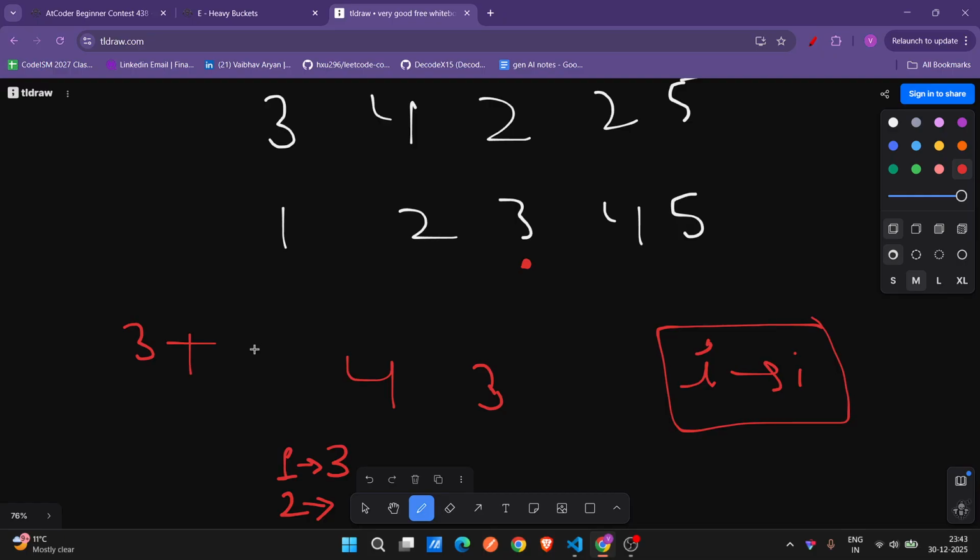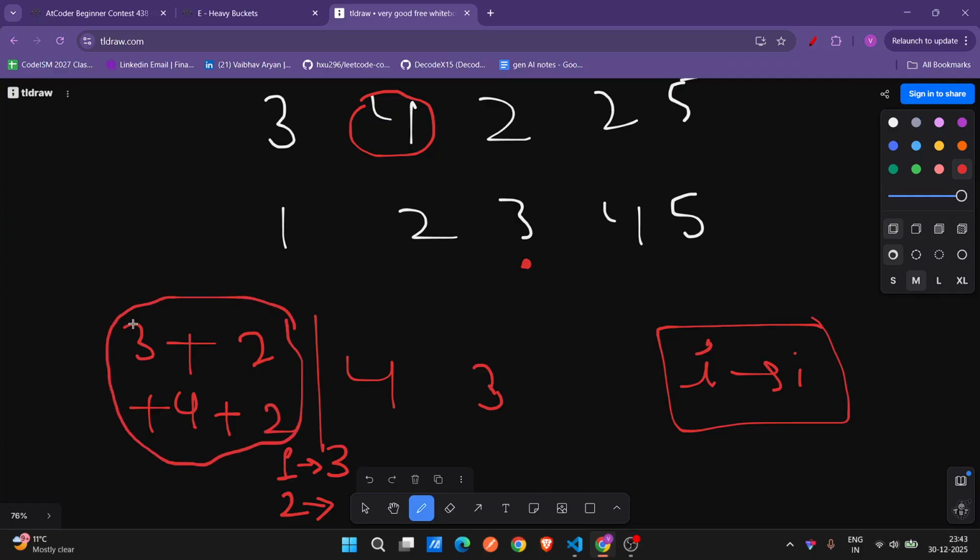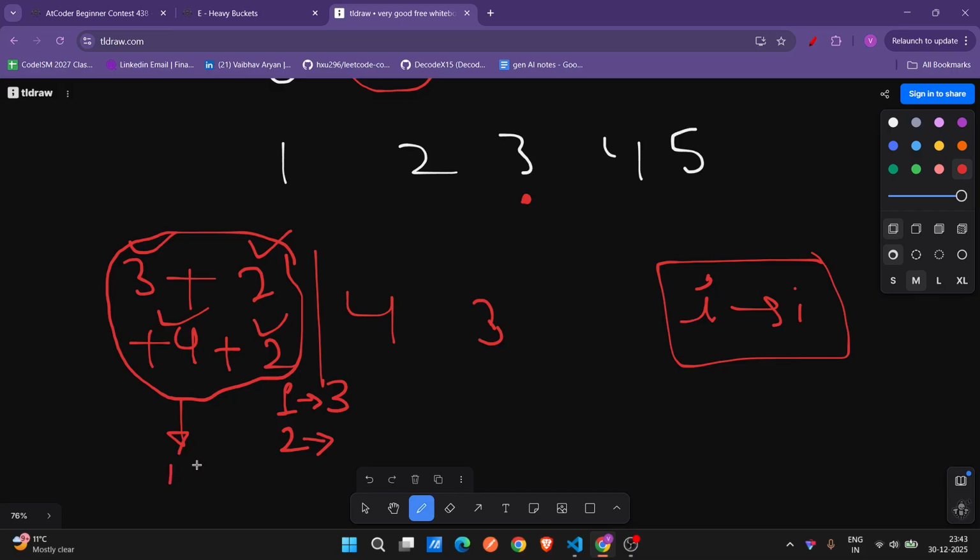The second guy will simply fill 2 liters of water. Then the bucket will transfer to 4, and the fourth will fill 4 liters of water, then again it will transfer to 2, and then again to 4, which means it's like an infinite loop. So you just have to tell the answer for fourth. You can see that 3 plus 2 plus 4 plus 2, so the answer will be 11.